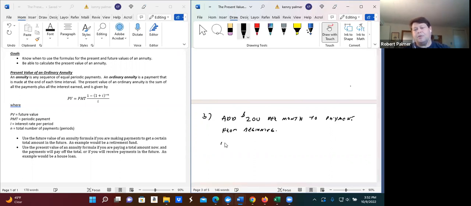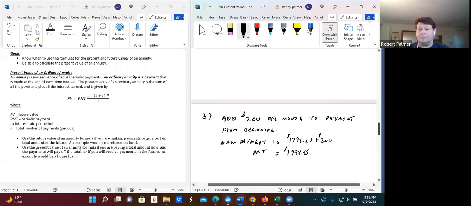So the new payment is the previous payment, 1798.65, plus $200, and we'll put that as PMT. That's going to be $1,998.65, so almost $2,000 a month.